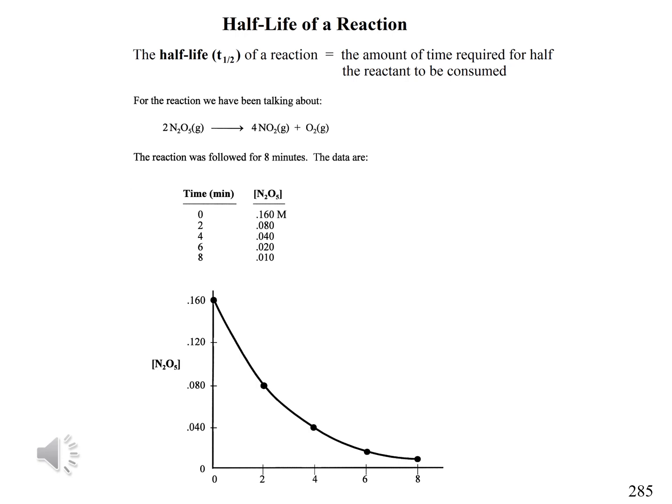So the half-life is a time, and you have to have a graph or data in order to calculate it. What I did was show you the time versus concentration data for the same problem we've been doing, the first order reaction, except that I also added time 6 and 8 points.